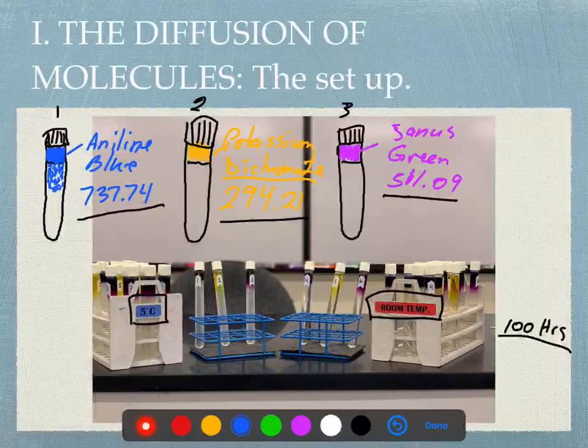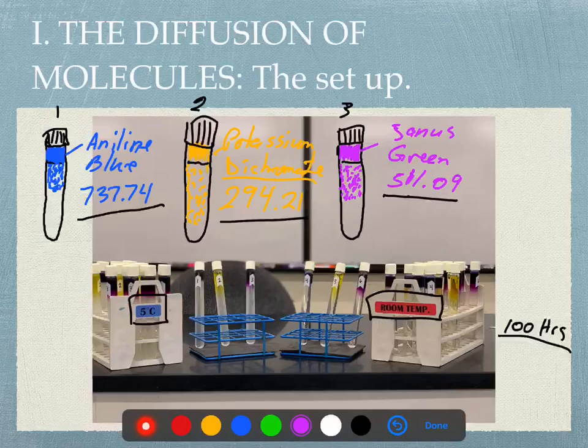And let's say aniline blue traveled this distance into the jello. Potassium dichromate would have traveled a farther distance. Why? Because potassium dichromate is much, much lighter than aniline blue. And Janus green would have traveled not quite as far as potassium dichromate, but definitely farther than aniline blue because it's somewhere in between the molecular weight of both of those other dyes.